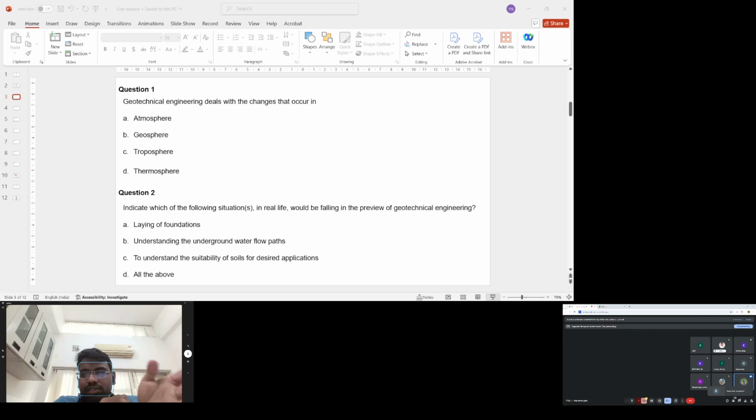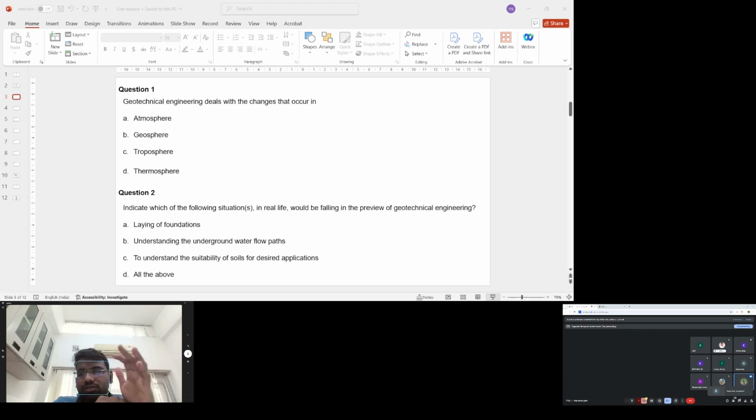So now, as one of our participants mentioned, these are conventional applications. For example, if you are constructing a filter to collect the drained water, it requires separate aspects of soils that are perfectly suitable for that application, which you will be studying.